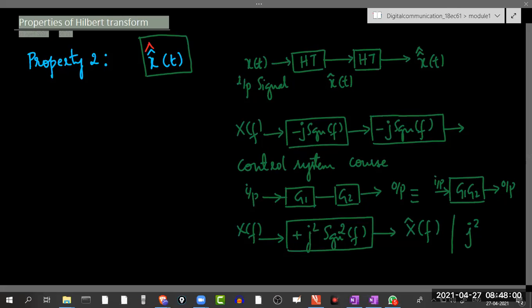The value of j square is -1, because j is the imaginary number used to denote the square root of -1. So if I square it, I'll have it equal to -1. So let me substitute that -1: negative signum square of f.